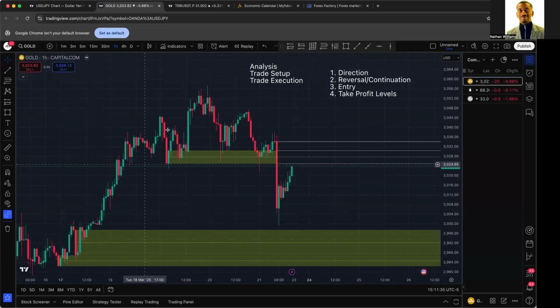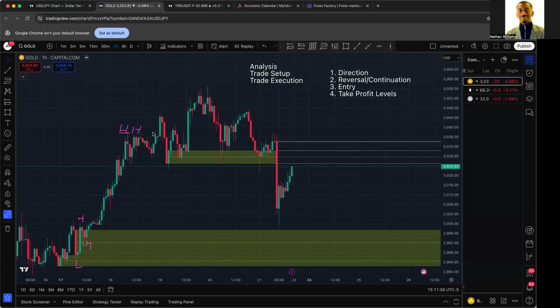So we see price here moving up. You see here, you got your low, price pushed up to a high here. You got a lower high here. Price pushes up, you got a higher high here and here.